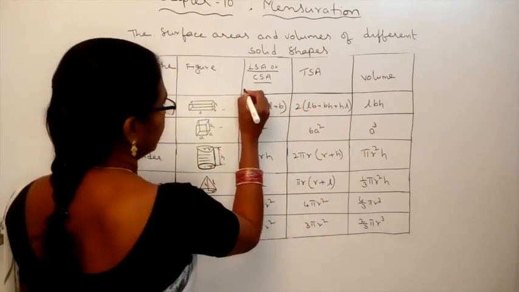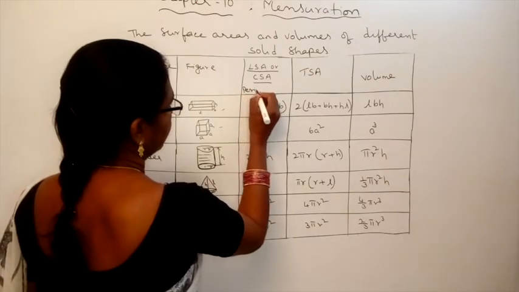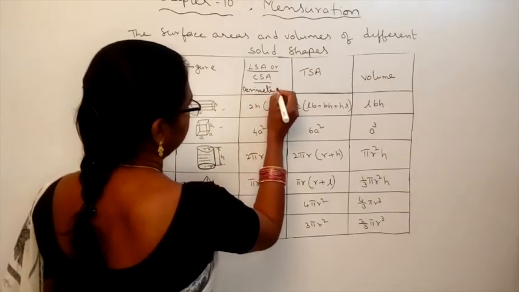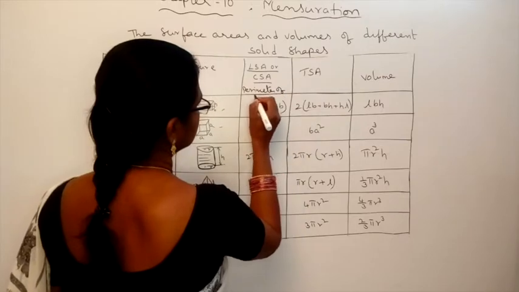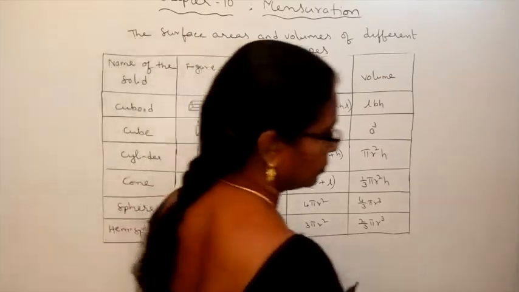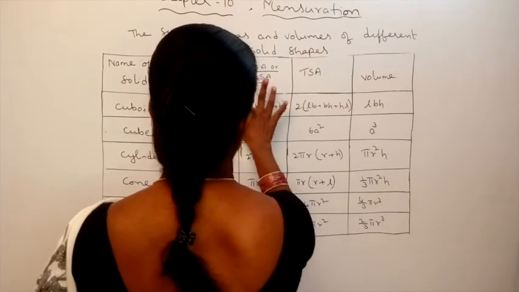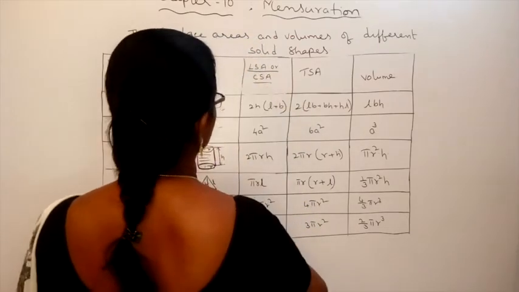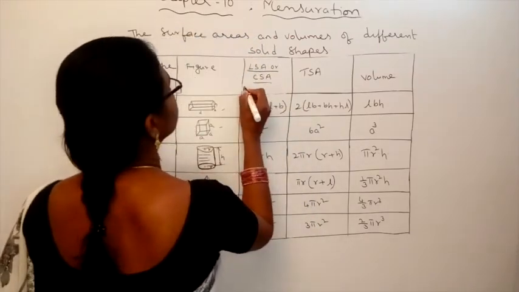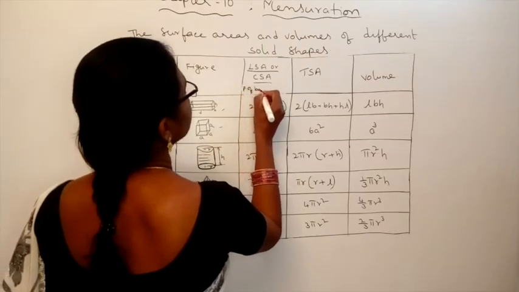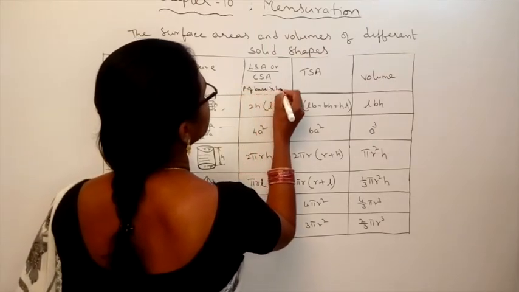LSA means what? Perimeter of base into height.